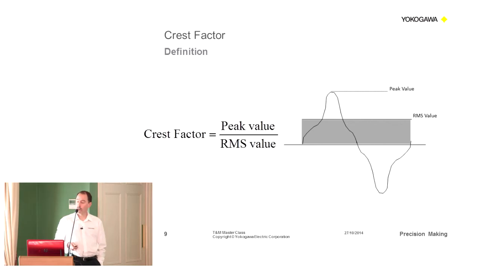Just talk a little bit about crest factor, because it is relevant in the types of instruments you're using to measure. I'll explain why. Crest factor is the peak value of my input, and if you consider this, it's probably a possible current wave shape of an instrument, divided by the RMS value.